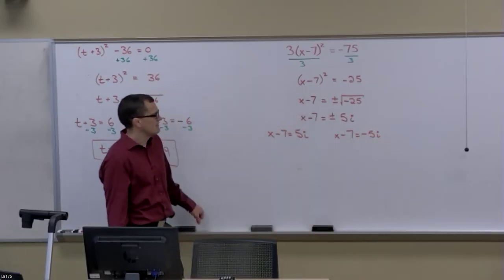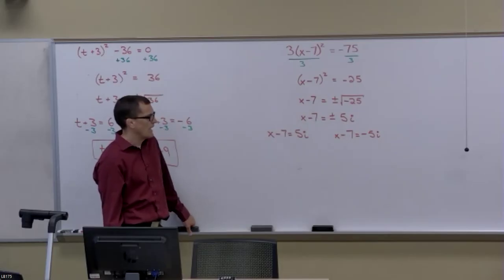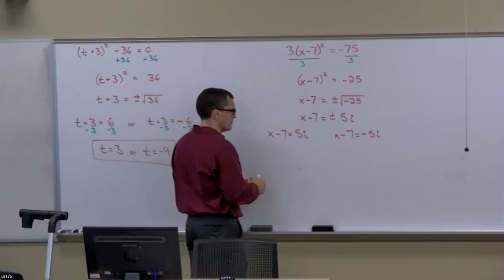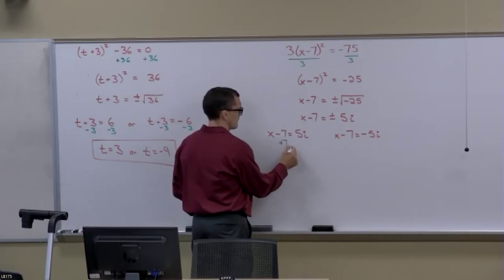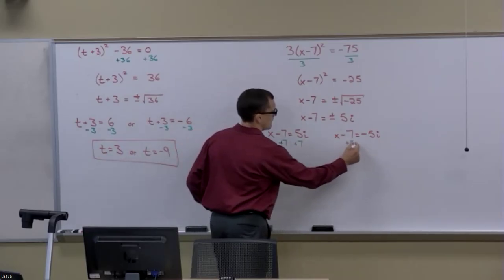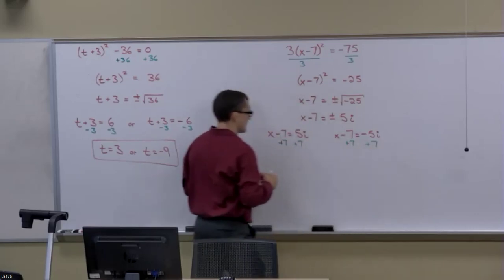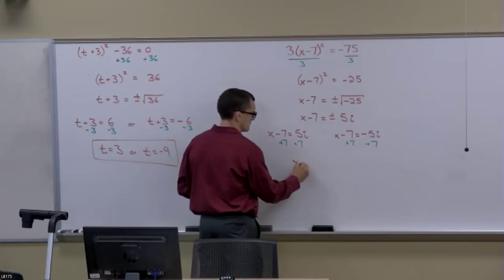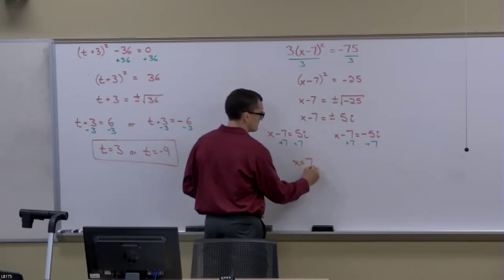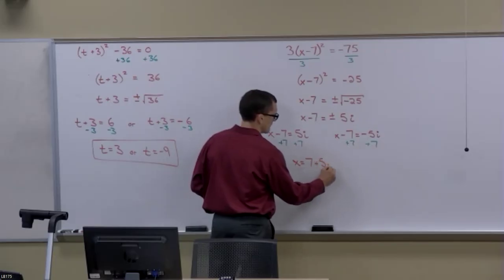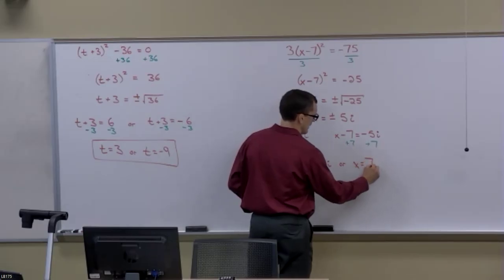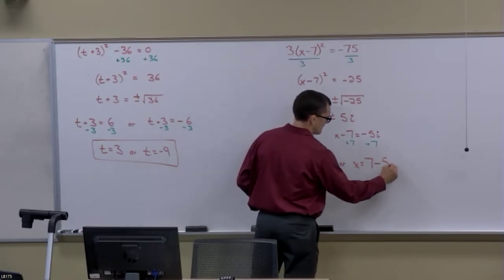So x minus 7 is equal to 5i, or x minus 7 is equal to -5i. Adding 7 to both sides gives us 2 complex numbers as our answer. We get x is equal to 7 plus 5i, or x is equal to 7 minus 5i.